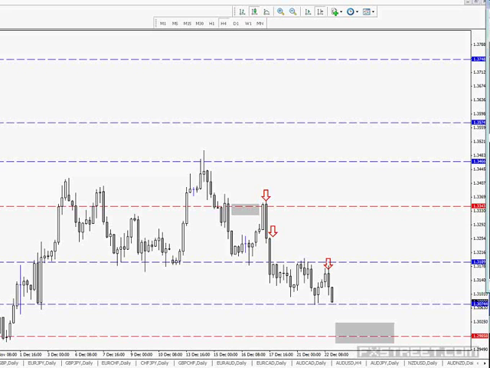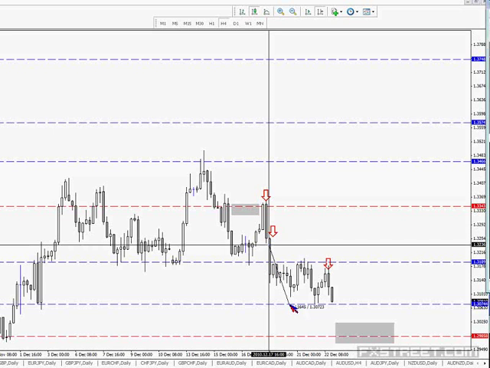Yeah, in this case, the first target is only 50 pips away. The second target is all the way down here at 160 pips. But let's get rid of this one, and let's get rid of this one too.